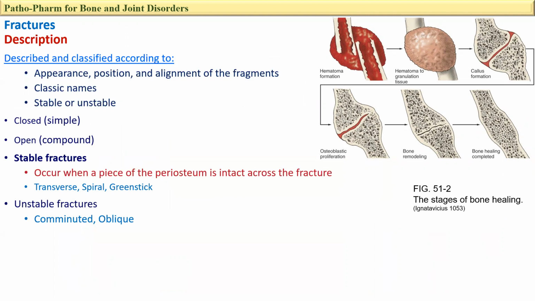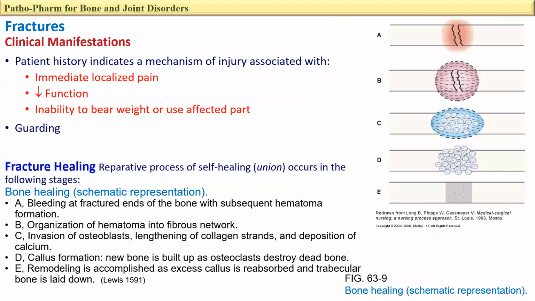So, clinical manifestations: all fractures have in common these symptoms: immediate localized pain, decreased function, the inability to bear weight or put weight on the affected part or the affected joint, guarding from pain.